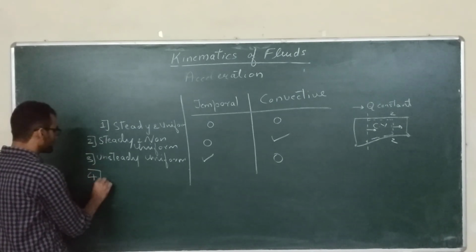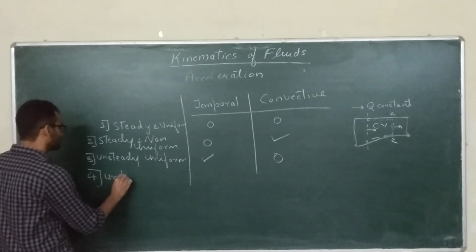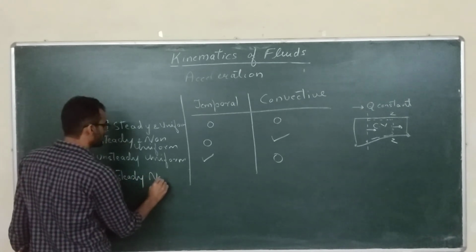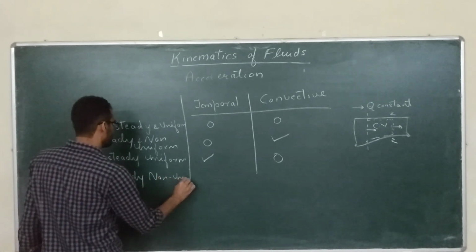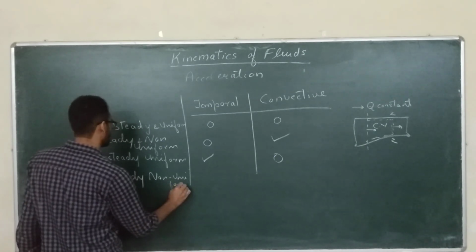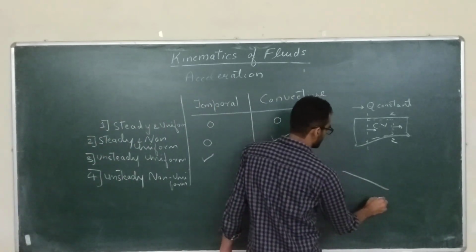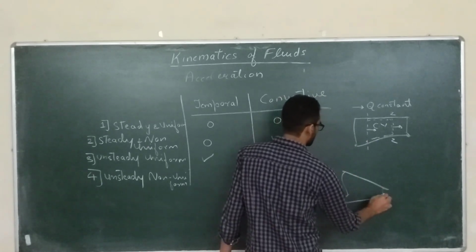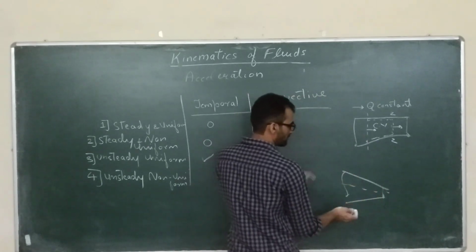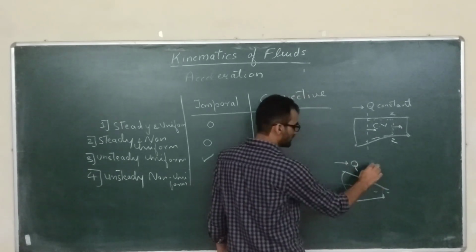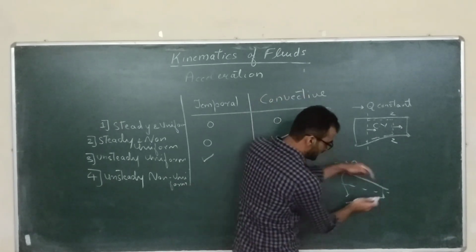Now the fourth is unsteady and non-uniform, both. Like we have a pipe, the cross section is decreasing, flow is taking place from left to right, and discharge is also changing, area is also changing.